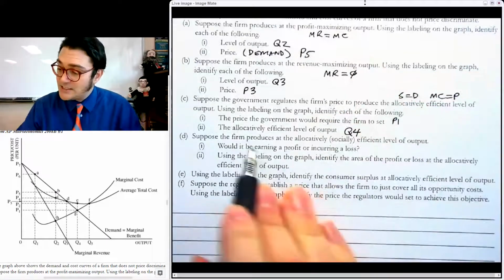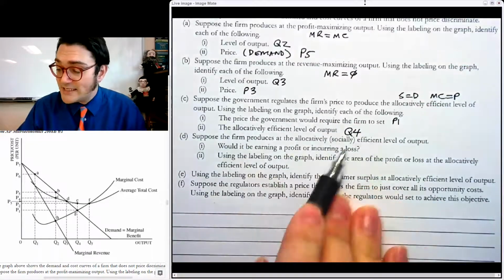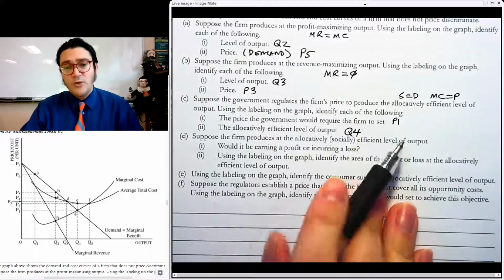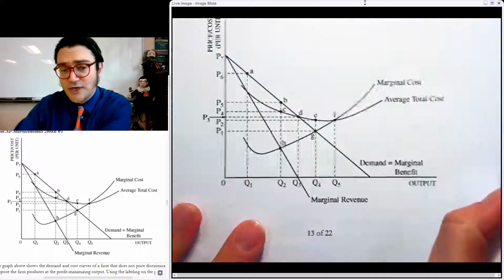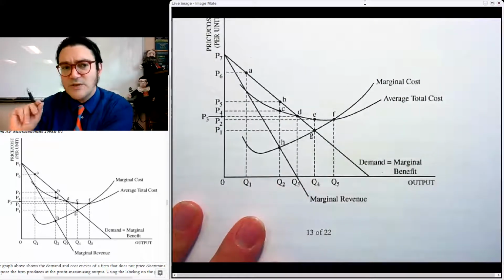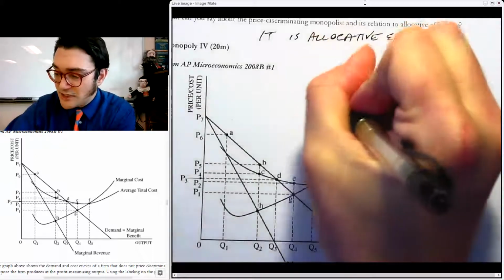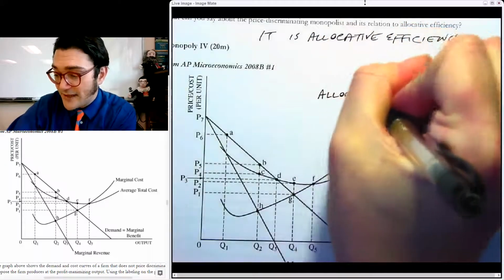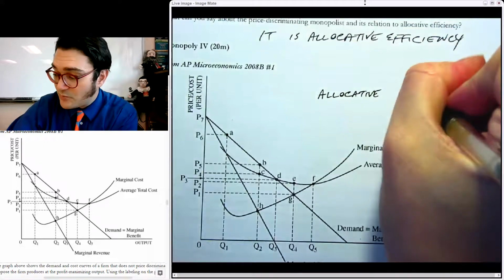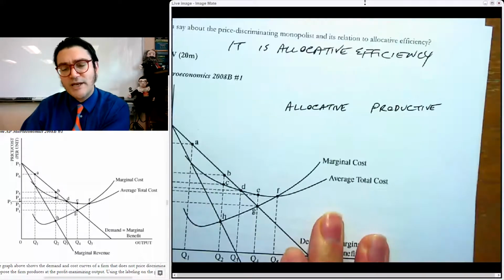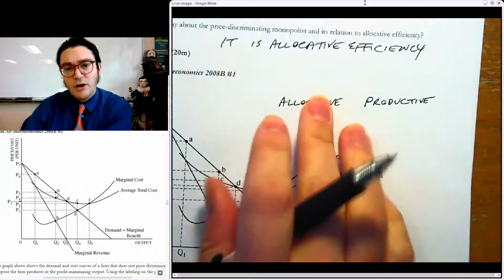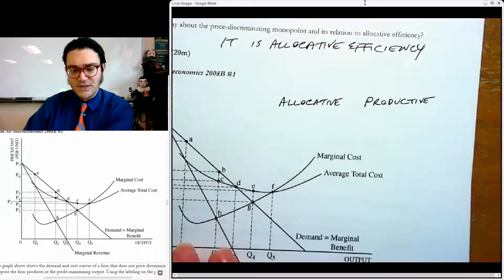Okay, now it says, suppose the firm produces at that socially efficient level. Now, one thing I want to quickly point out to you is something interesting about this graph before we get into the actual answer of that question, because I said I would bring this up before. You have these two types of efficiency: allocative and productive. And what we would say is that perfectly competitive firms in the long run are both allocatively and productively efficient.